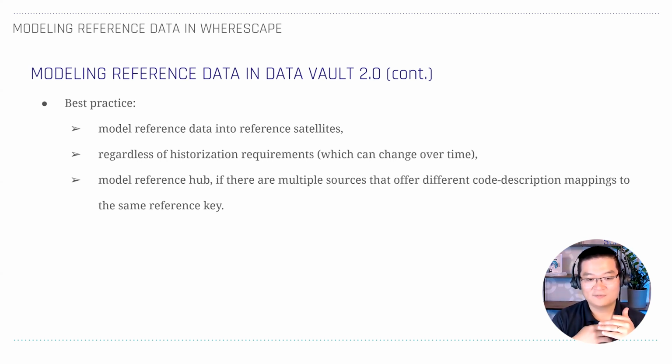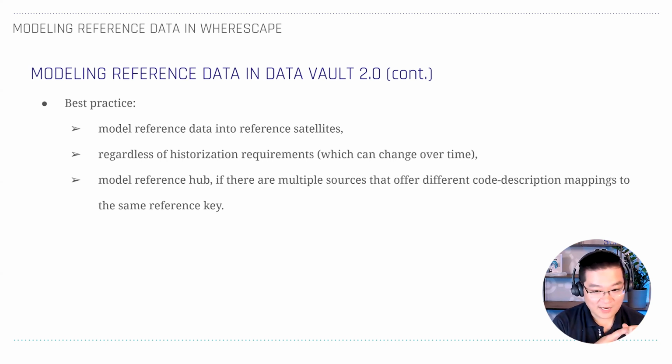Otherwise, and this is most of the cases, a reference data set is only from one source. It's rare that you would have different sources that describe the same reference data context. In that case, we do recommend skipping the reference hub, or at least that would be my personal recommendation, because you should have everything you need in the reference satellites.